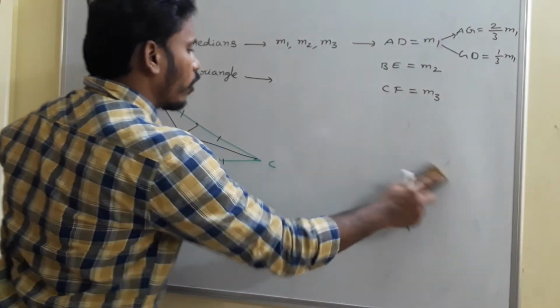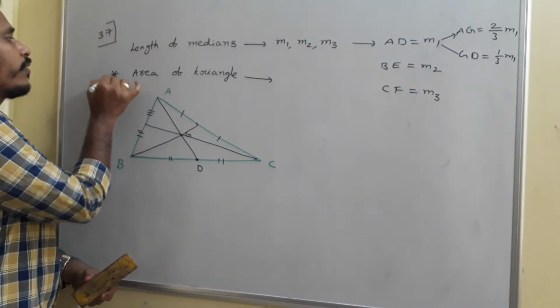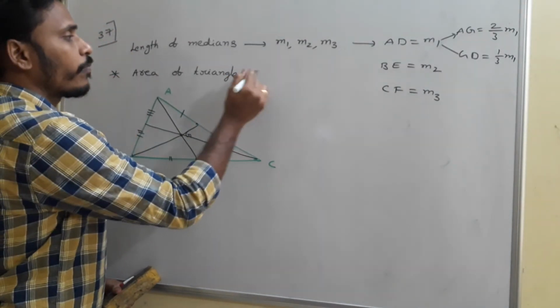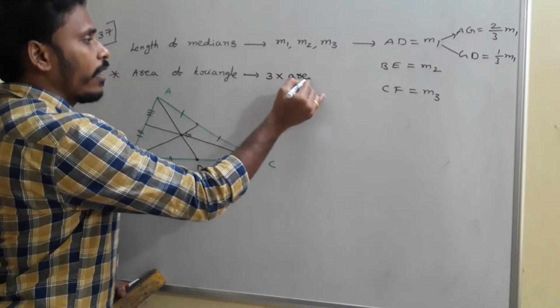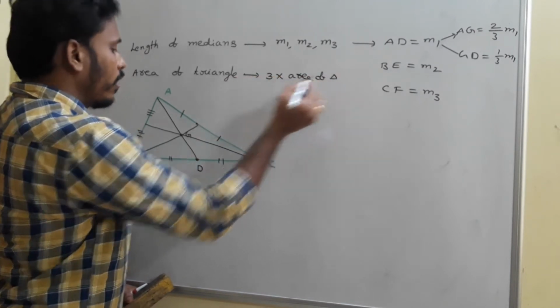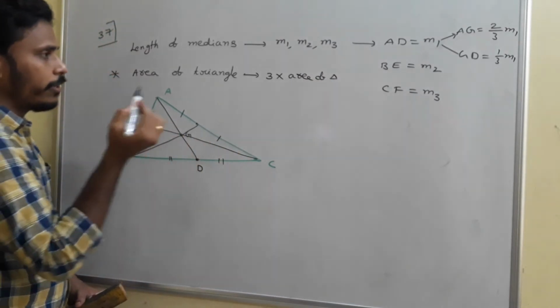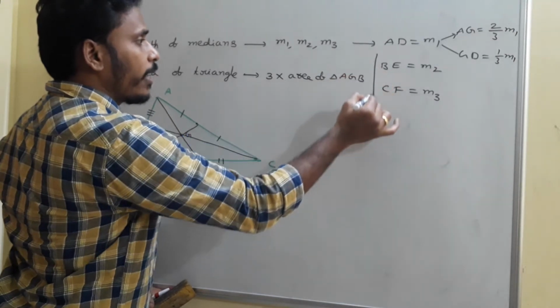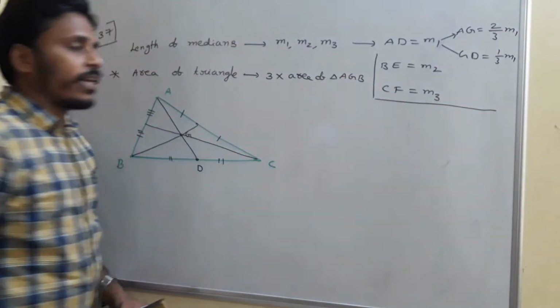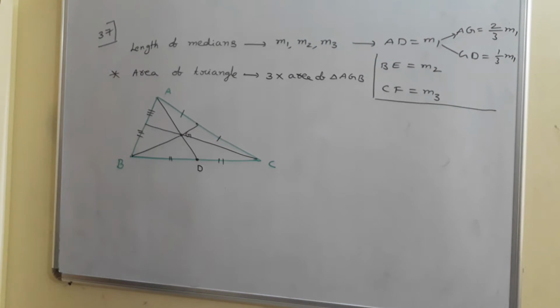We are going to calculate the area of the triangle, which is 3 times the area of triangle AGB. Why 3 times triangle AGB? Because the centroid divides the triangle into 3 parts of equal area.